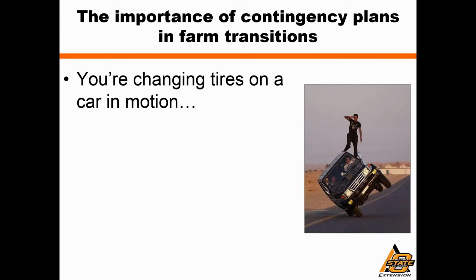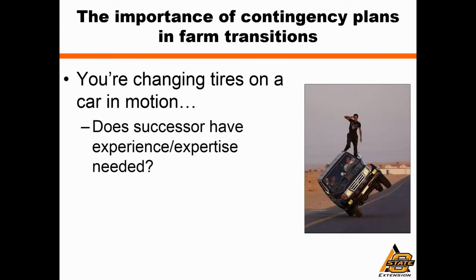So this isn't easy. And the way that we can survive this, though, is to make sure that the people that are coming after us have the experience and the expertise that they need. At the very first of this video series, we talked about the three primary reasons that farm transitions fail. And one of those reasons was that we had a failure to prepare that next generation for the roles they would be taking on.